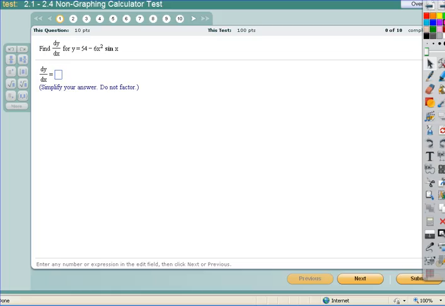So let's take a peek at these. We've got y equals 54 minus 6x squared sine x. We want to differentiate. We can take it. I mean, this isn't bad practice. Let's take a quick look at that.